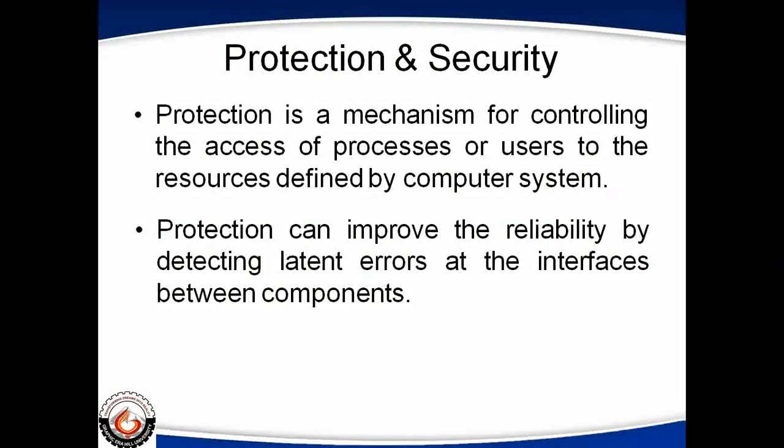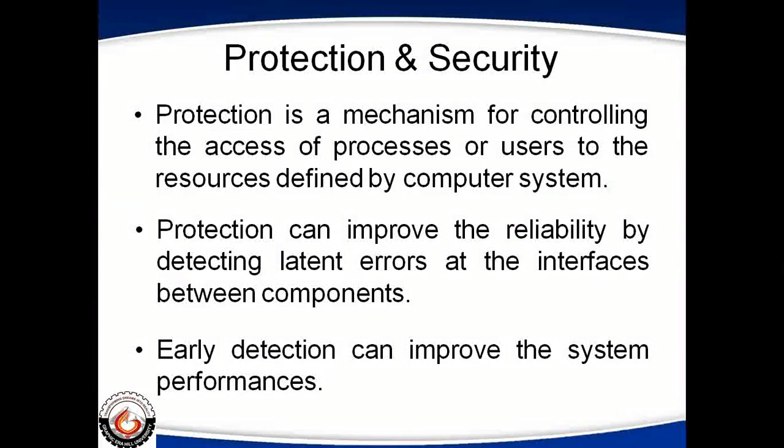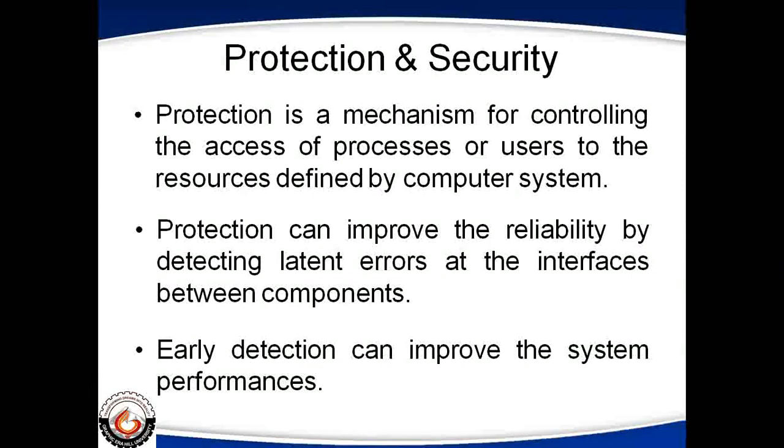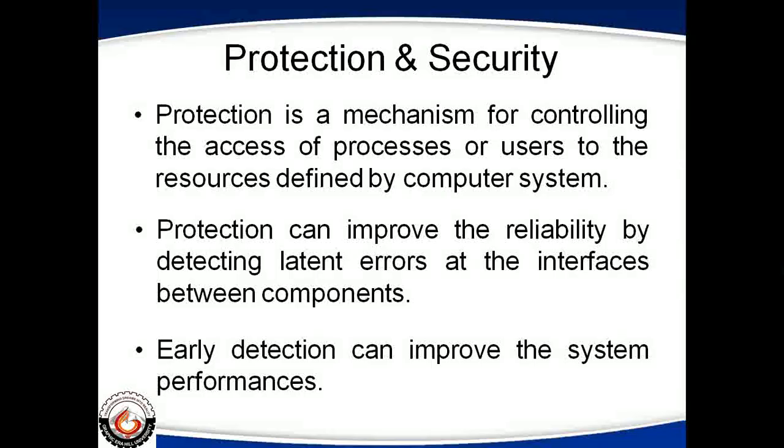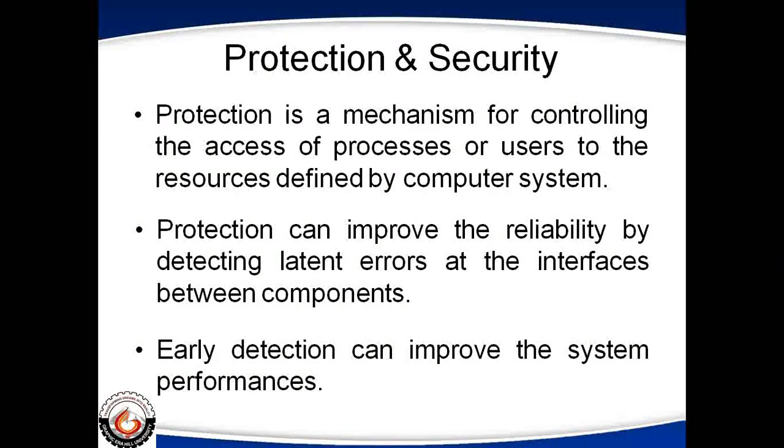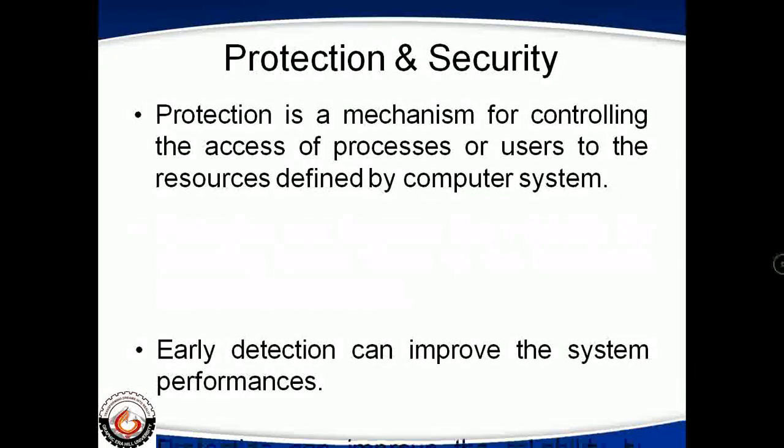Or we can say protection can improve the reliability by detecting latent errors at the interfaces between different components. Early detection can improve the system performance. Yes, that's true. If the error is detected early, then we will take appropriate actions to resolve this problem so that the performance of our system is improved.